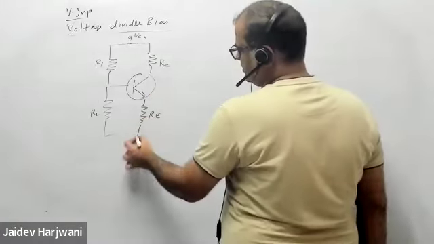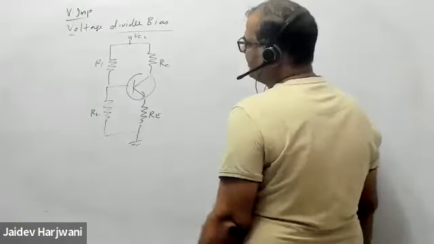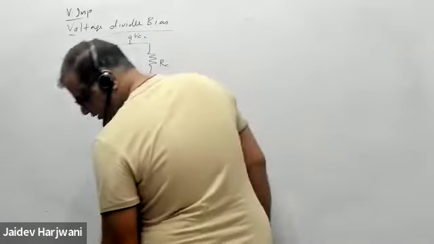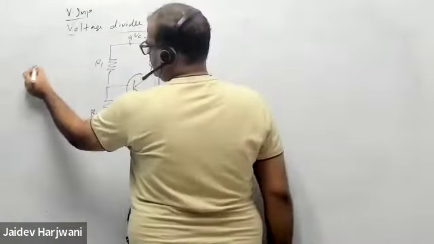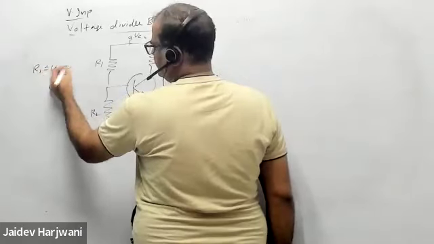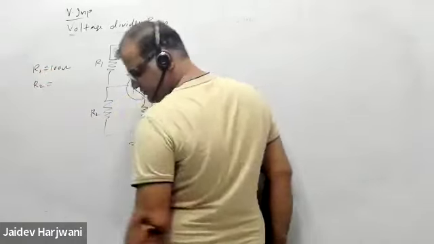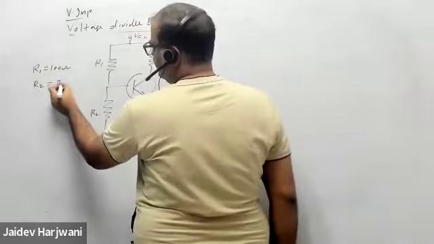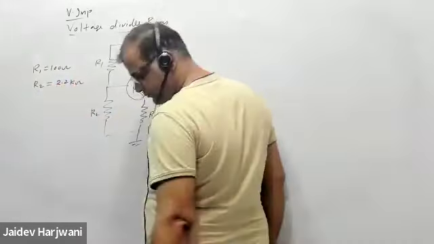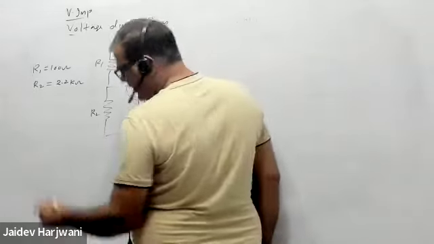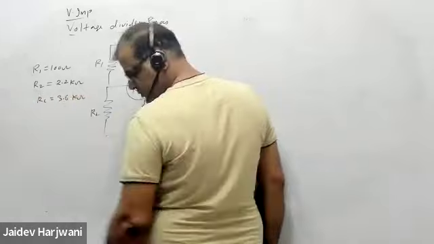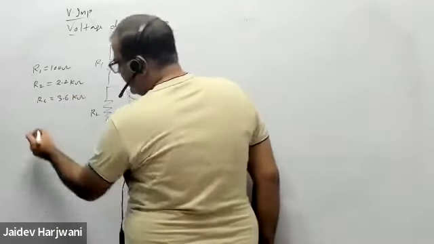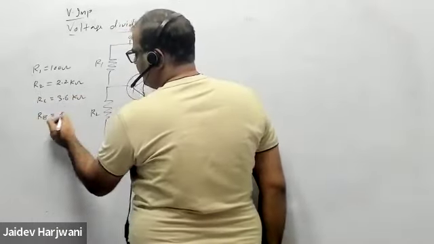Then the values are given. R1 is given 100 ohm. R2 is given 2.2 kilo ohm. RC is given 3.6 kilo ohm. RE is given 1 kilo ohm.